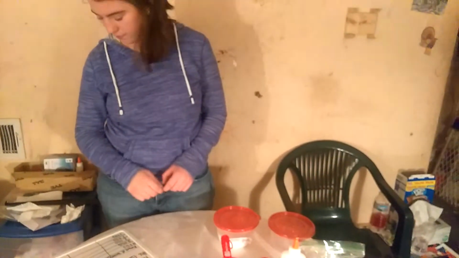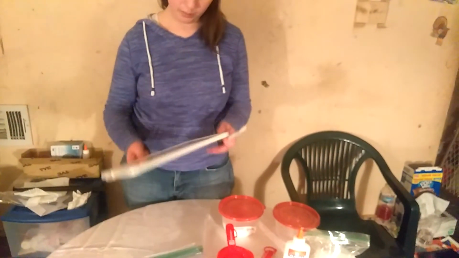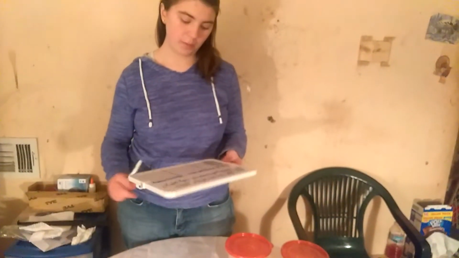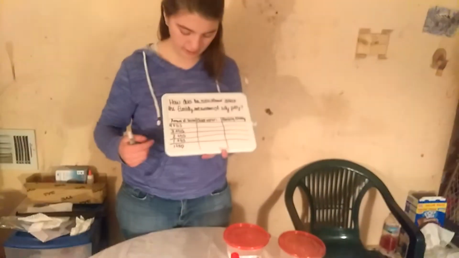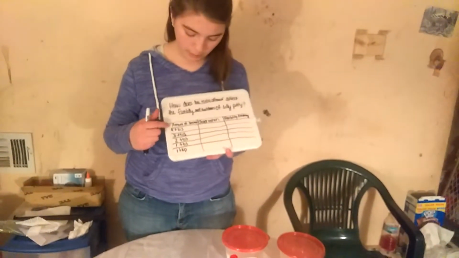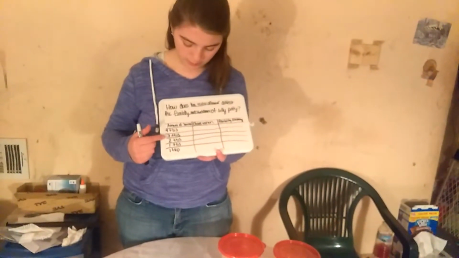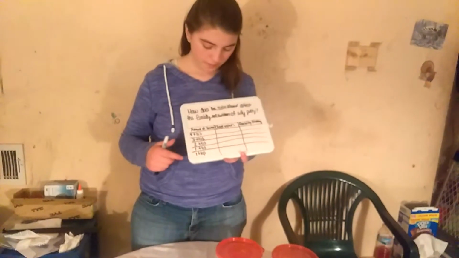So, we're going to now make a table to help us with our experiment. You're going to make a table, as I did here, with the first column being the amount of borax. We're going to use 4 tablespoons, 3 tablespoons, 2 tablespoons, 1 tablespoon, 1 teaspoon.